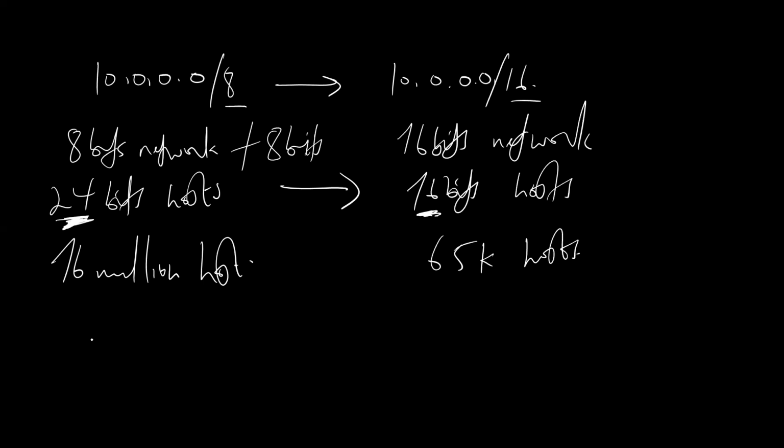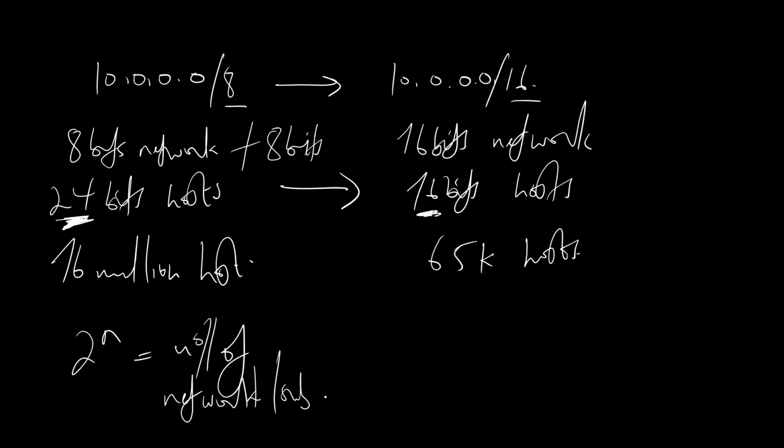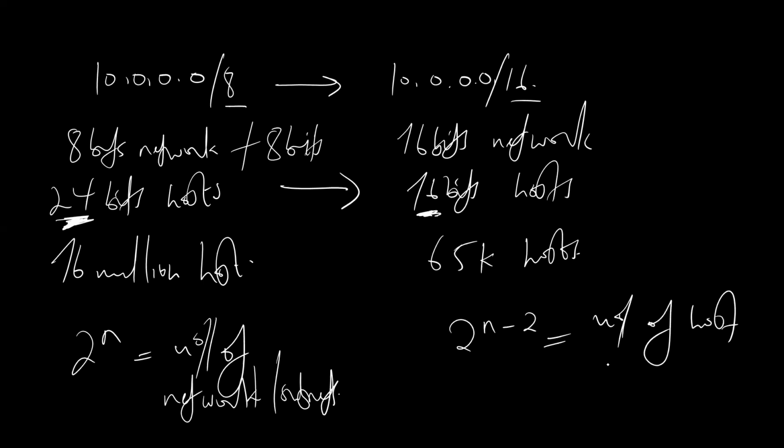So if I borrow n bits, 2 to the power of n is the number of networks or subnets that I can create. 2 to the power of n minus 2 is the number of host addresses that I can create.